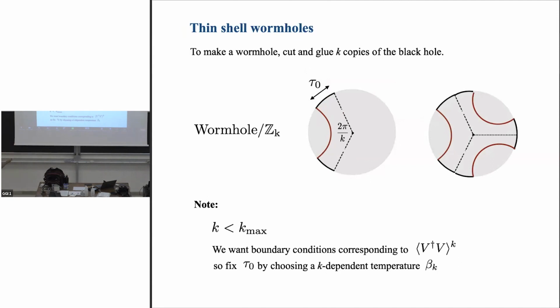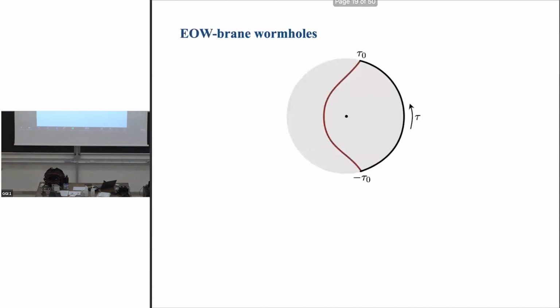The situation is different with end of the world branes. So the end of the world brane wormhole is constructed, the black hole and the wormhole are constructed actually in a very similar way. The difference is that this red line, instead of being a thin shell glued to global AdS, is now the end of the space-time, and there's this extrinsic curvature term in the action.